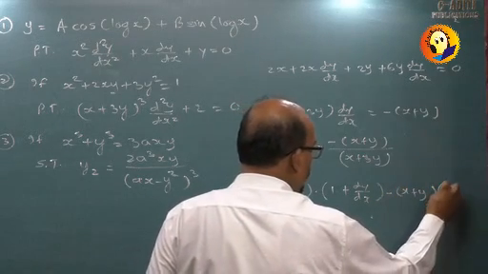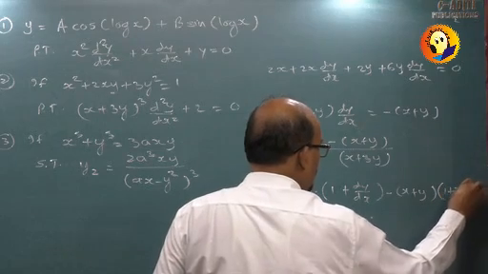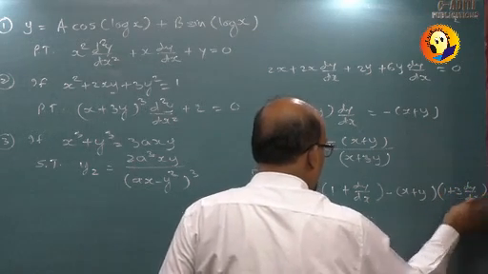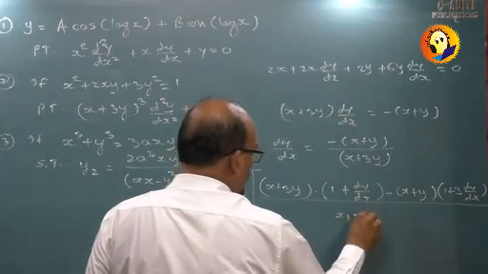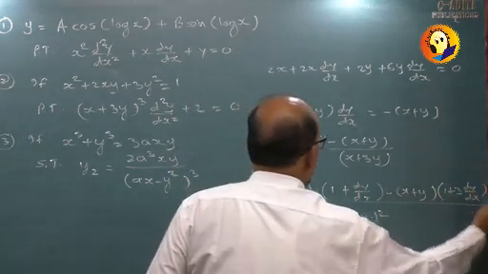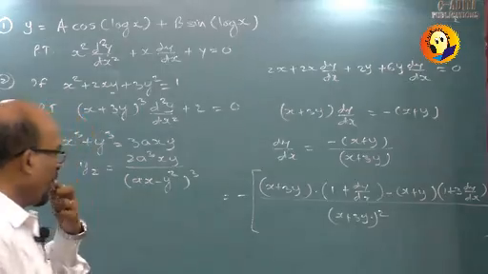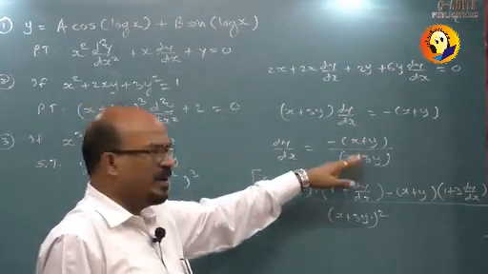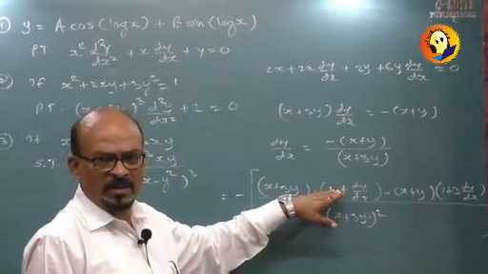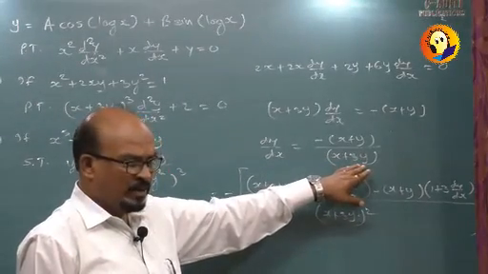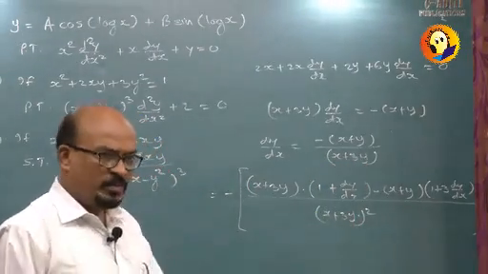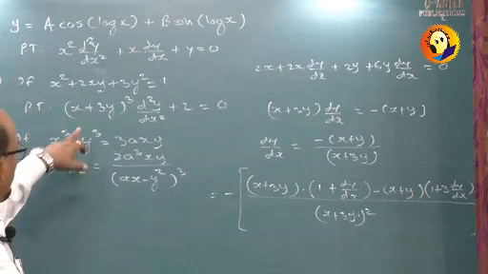It will be 1 plus 3 dy by dx upon (x plus 3y) bracket square. It goes for substituting dy by dx into it, and that's why that x plus 3y will come down and you will have to simplify. That's the only way to get cube.